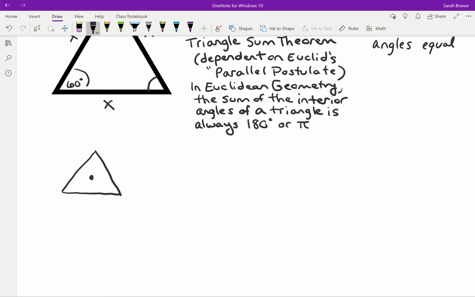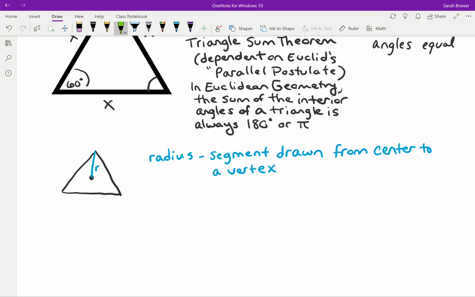Every polygon has a center, and if we draw a segment from the center to a vertex, we call that a radius of the polygon.